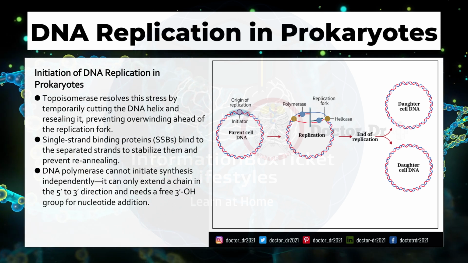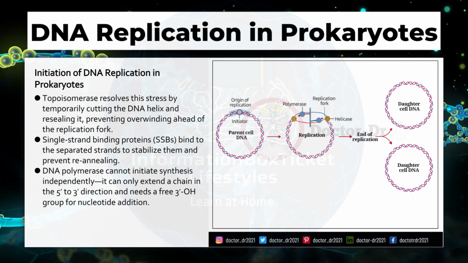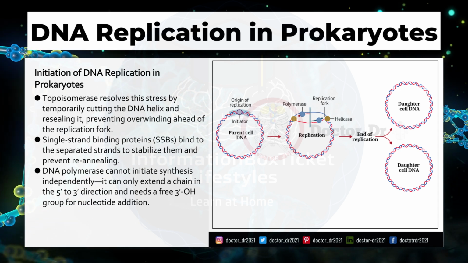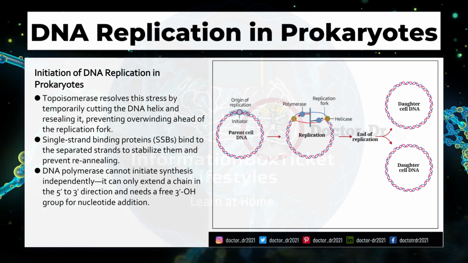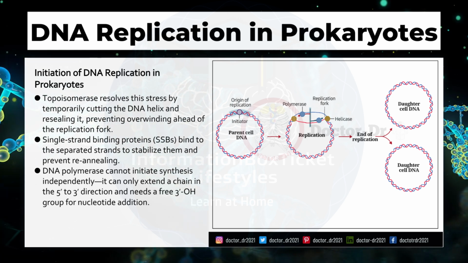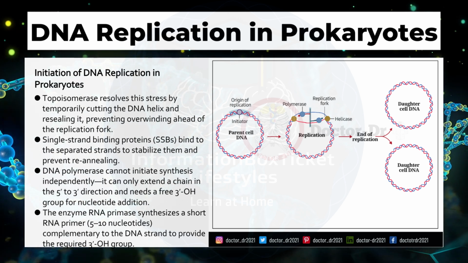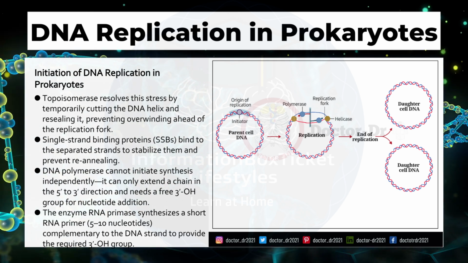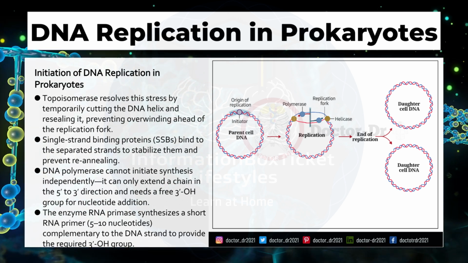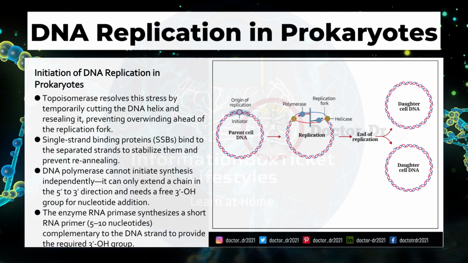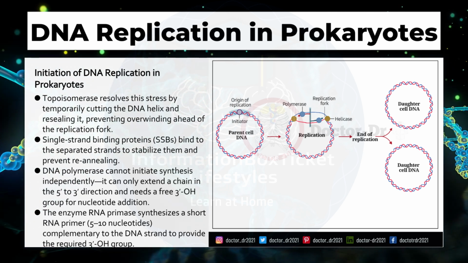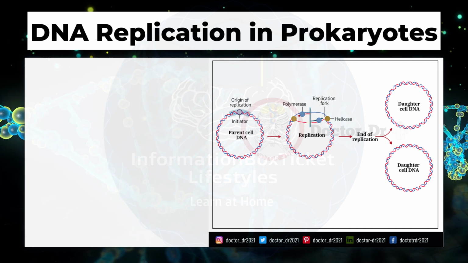It can only extend a chain in the 5' to 3' direction and needs a free 3' hydroxyl group for nucleotide addition. The enzyme RNA primase synthesizes a short RNA primer, 5 to 10 nucleotides, complementary to the DNA strand to provide the required 3' hydroxyl group.